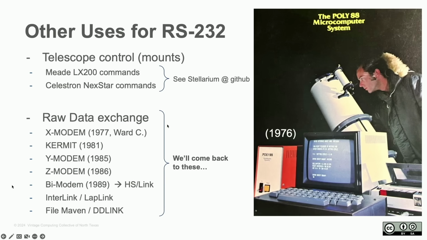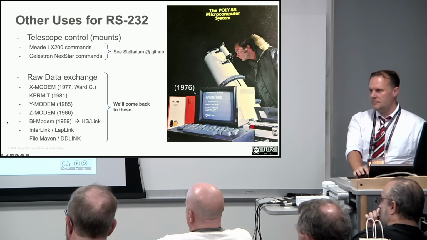Telescopes still use RS232. I do astronomy work also and can verify this. Meade and Celestron have their own little protocols, and I wanted to verify, is that true? The source code to Stellarium is out there, and you can look at its RS232 module, and the next slide I think shows more of that. But that idea of using a telescope was clear back with the Poly 88 when it came out in 1976.